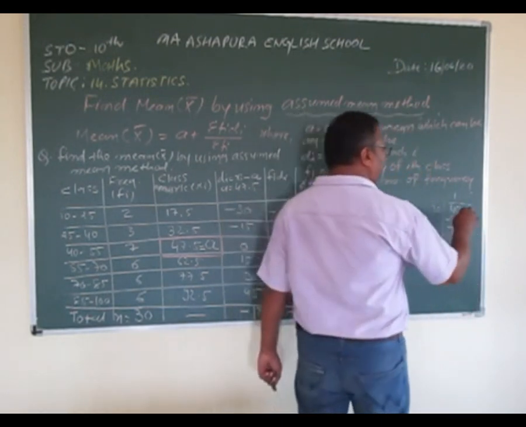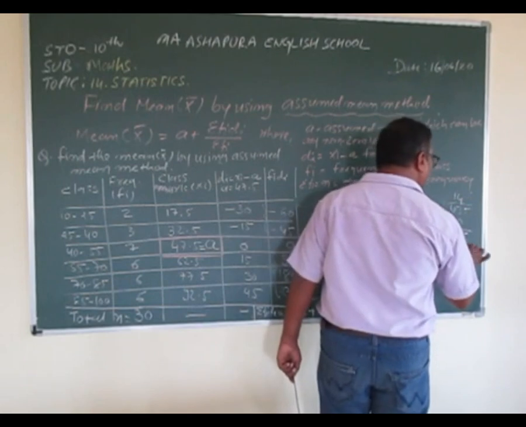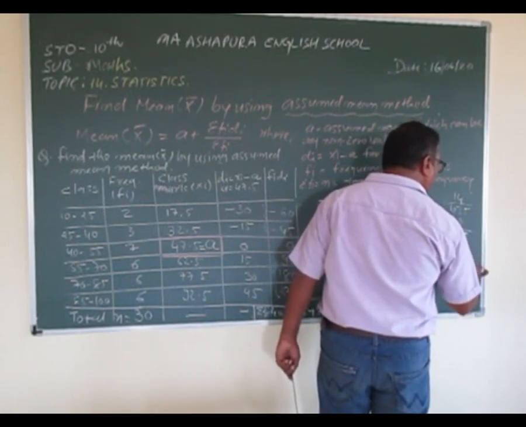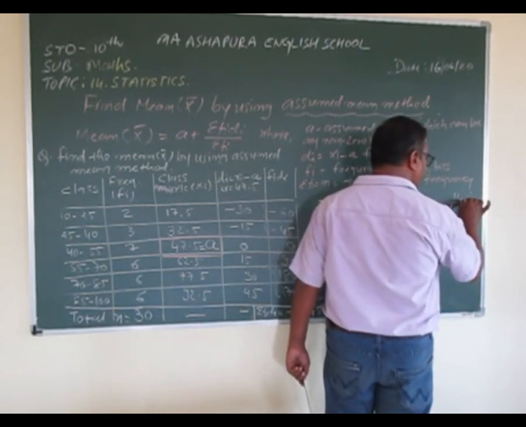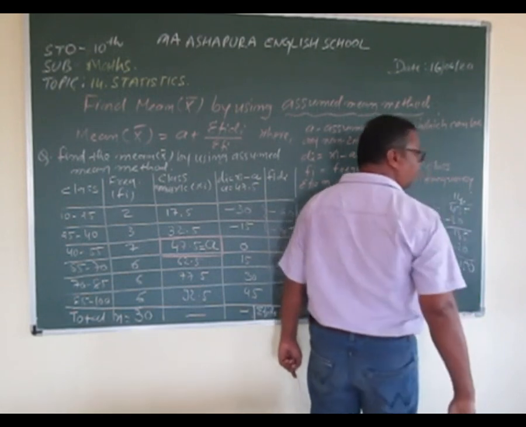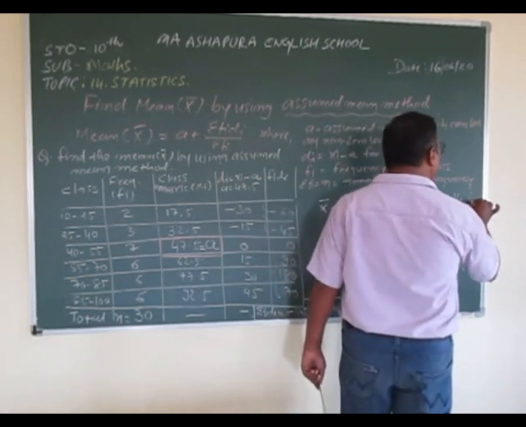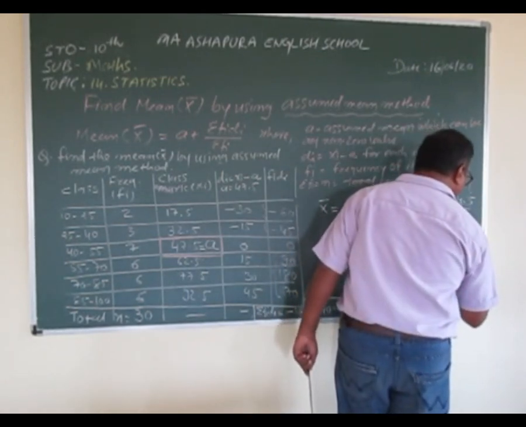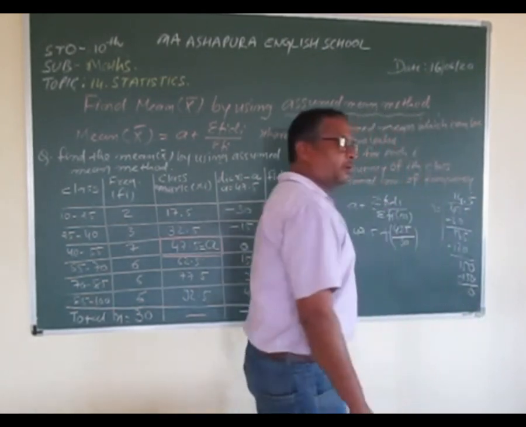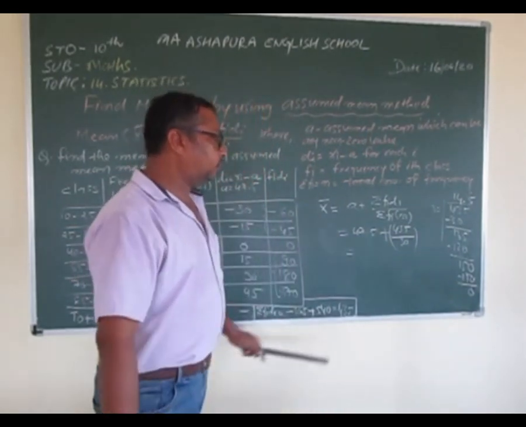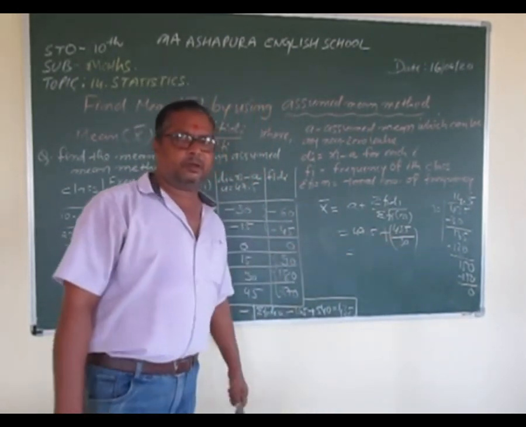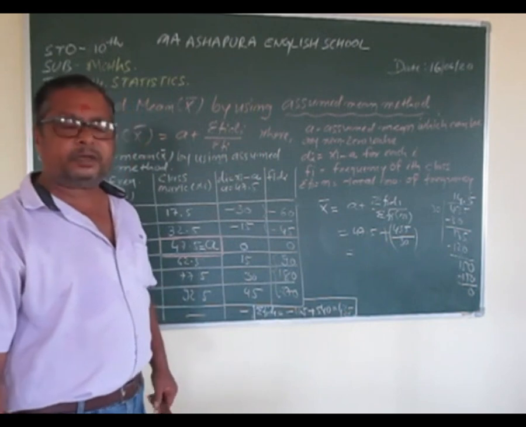So 3 4s are 120. Now remainder is 15 plus the point and carry 0 after 15. And 3 5s are 150. So remainder is 0. Our division is over. So 435 divided by 30, we get 14.5.